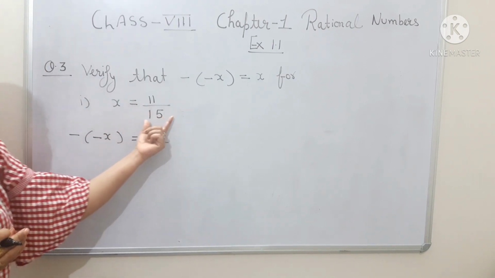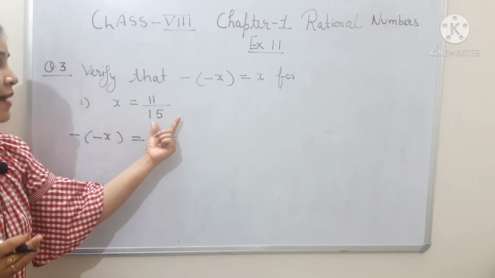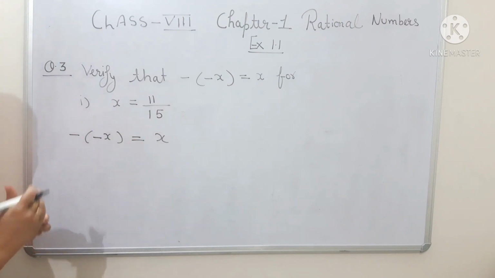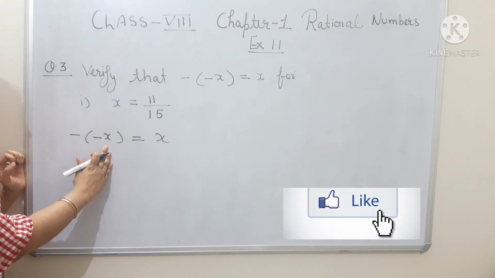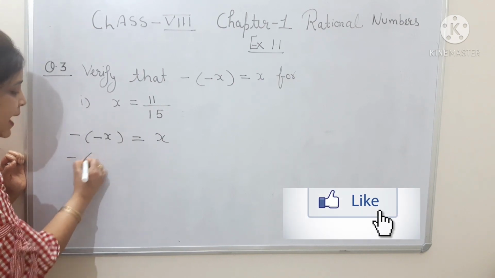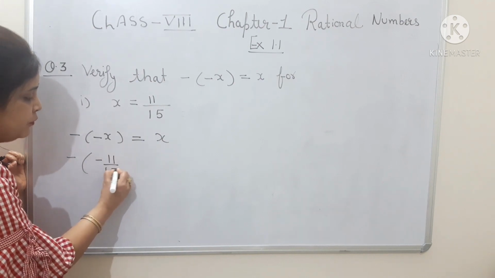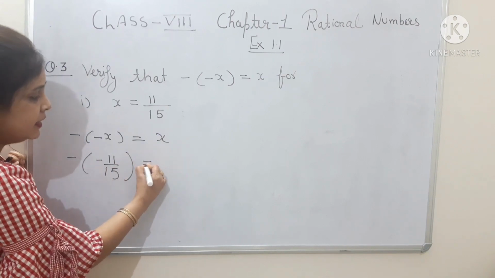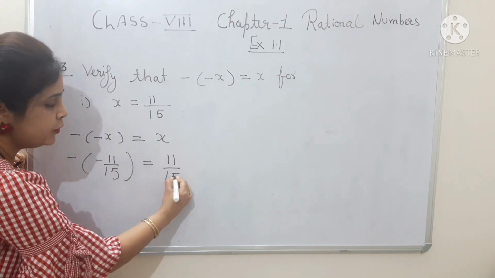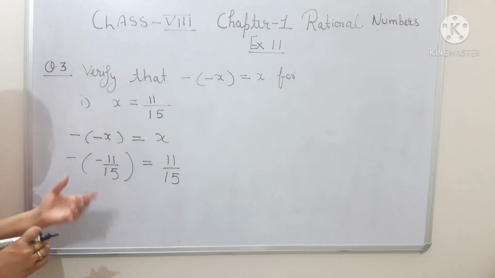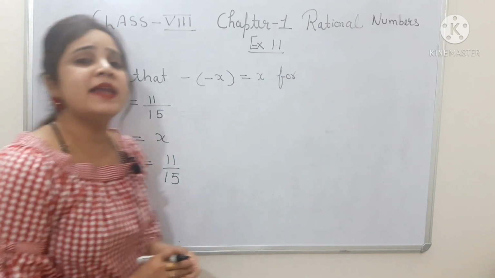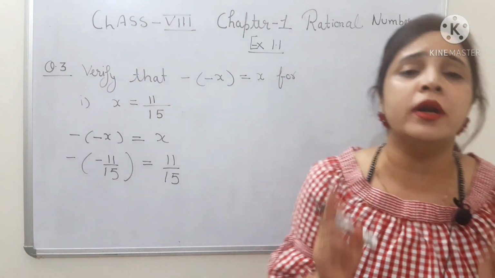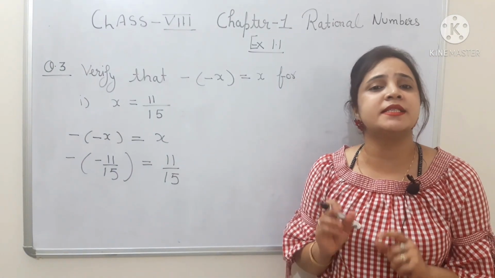Already the value of x given to you is how much? 11 upon 15. So at the place of x, you have to put 11 upon 15. So minus 11 upon 15. And here it is 11 upon 15. Okay. So minus multiplied by minus, what will it be? You had already done the integers in class 6th and 7th.